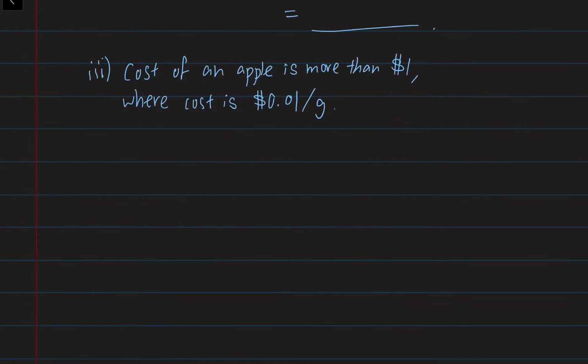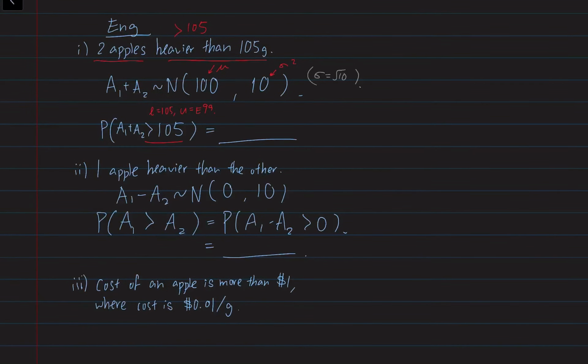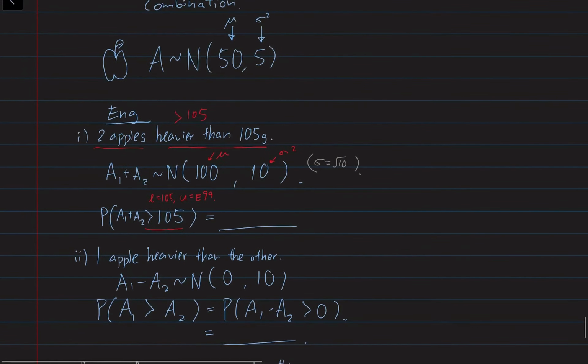Okay, part 3. Cost of an apple is more than $1, where cost is 1 cent per gram. Now over here, you see previously we're using plus and minus. In here, we're going to use times. We're going to take a number times the distribution.